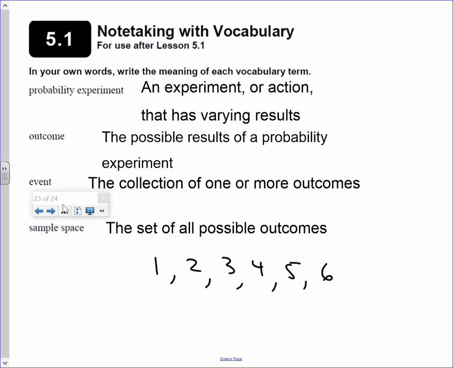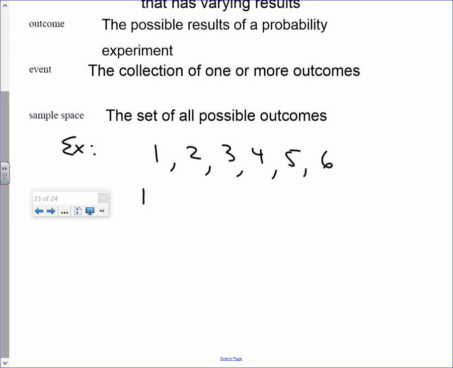It can be a picture, it can be just numbers, it can be letters. The set of all possible outcomes of the sample space. So this would be an example of the sample space of rolling one die. Or you could draw a simple picture. Little boxes. So it can be numbers, letters, or pictures.